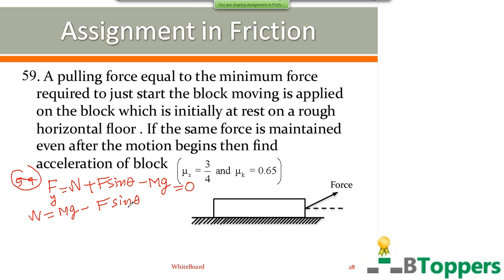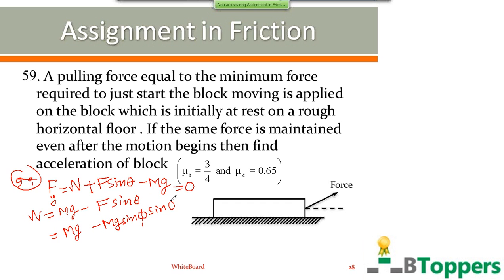Here theta is equal to phi, where phi is the angle of friction. We have already calculated the value of F in the previous step: F equal to mg sin phi.